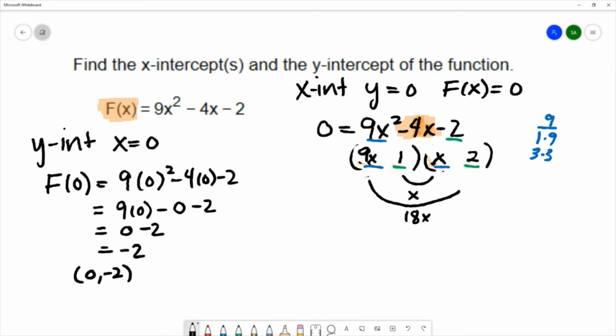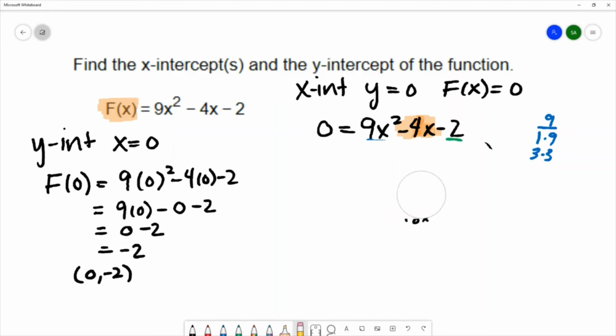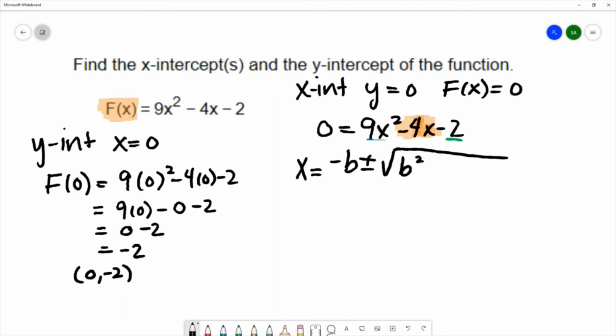So instead of factoring as the method to solve this quadratic, I'm going to try the quadratic formula. And the quadratic formula is x equals negative b plus or minus the square root of b squared minus 4ac all over 2a.